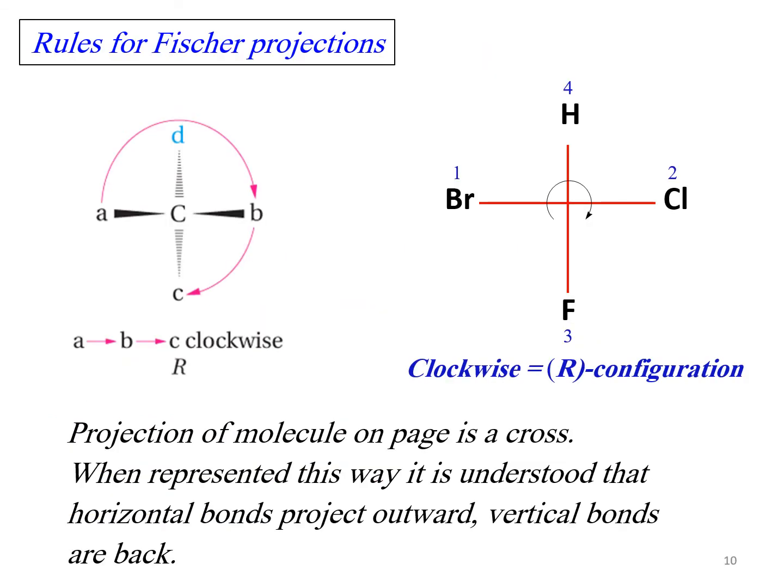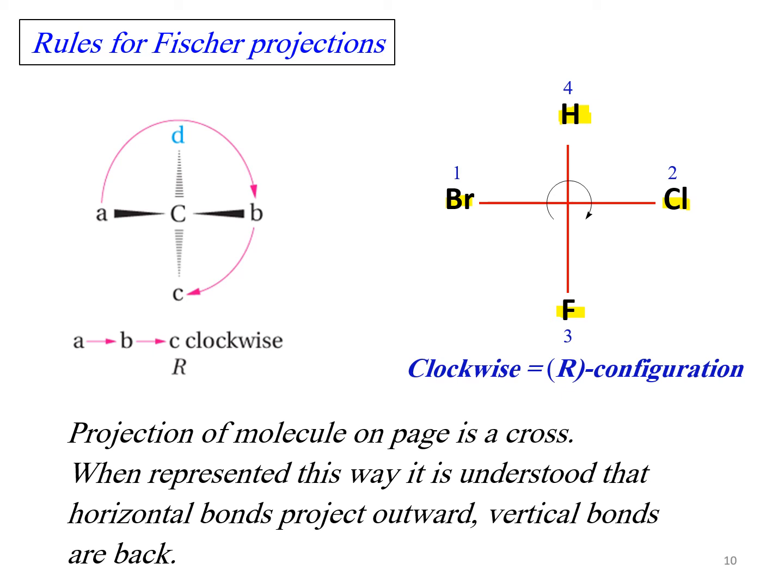So when we apply these Fischer projections to the actual molecules, it will look something like this. So we have the structure, A, B, C, and D are the four attached groups. And just for the sake of example, we have taken a bromine, a chlorine, hydrogen, and fluorine, like in the previous slide as well. So bromine takes the first position, chlorine the second one, and the third one is fluorine according to the atomic number, and hydrogen is the smallest one.